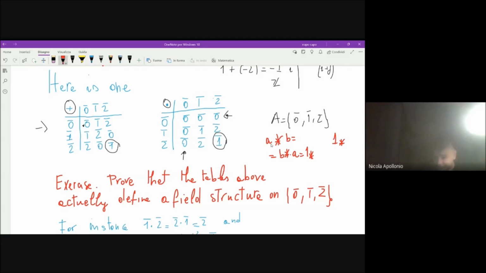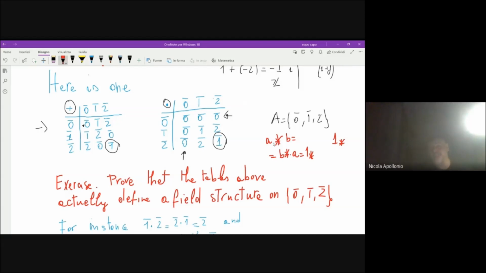There is exactly one element that, left or right multiplied by the chosen element, gives you the neutral element.